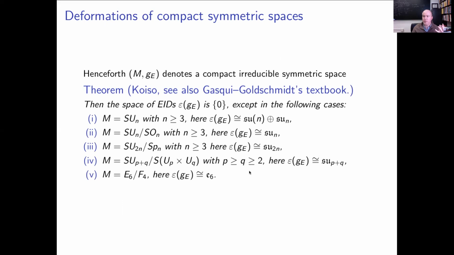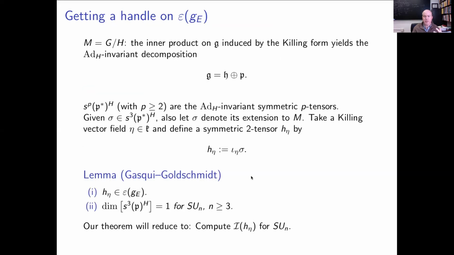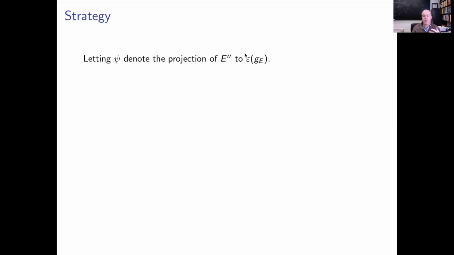So identifying the space of EIDs with g means that we can view the input E'' of (h, h), say, as an element of S^2 of g, and the output is going to be in the space of EIDs, which we again identify with g, and so we have a homomorphism. So this is going to construct a Lie algebraic object. It actually turns out to be G-invariant with respect to the natural actions of the Lie group. So this is a representation theoretic object that we want to compute. This is where the representation theory really comes in.